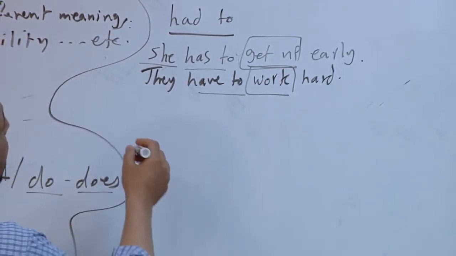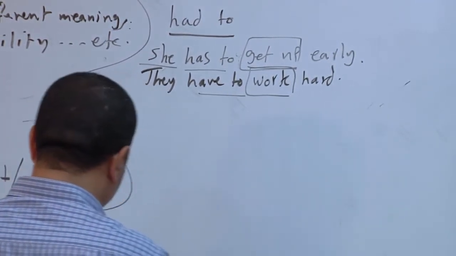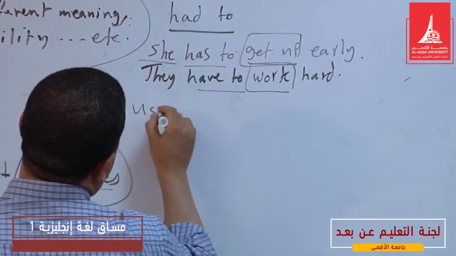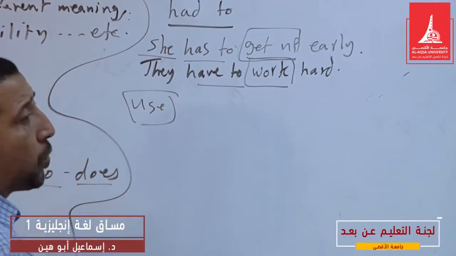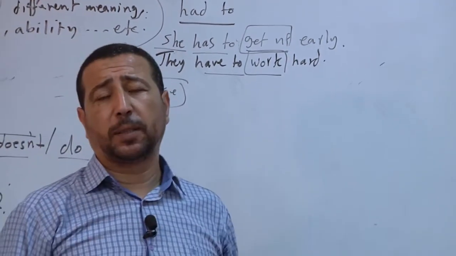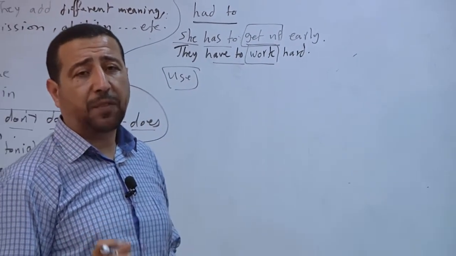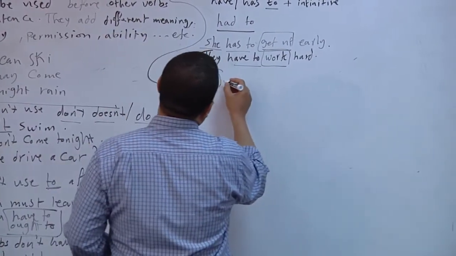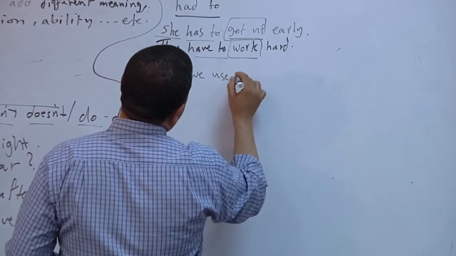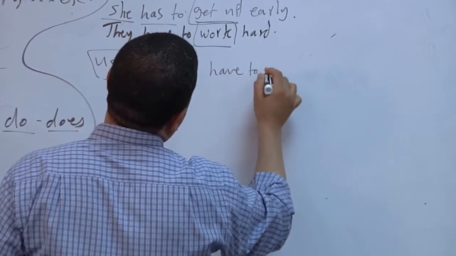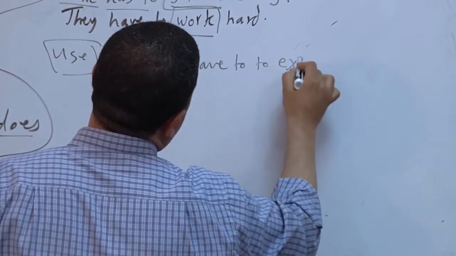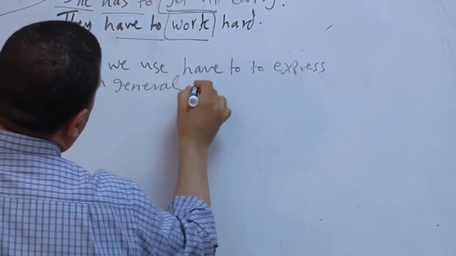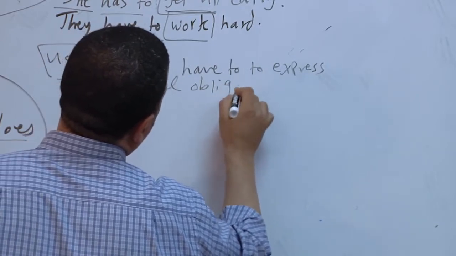Okay? Next point is the use. Let's have a look at the use actually. We use have to talk about a general obligation. So we use have to express a general obligation.